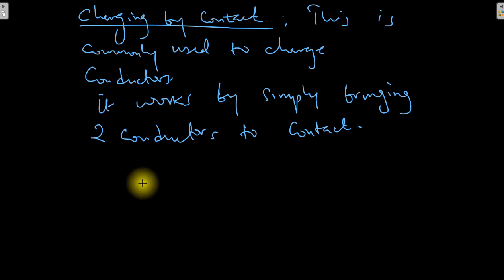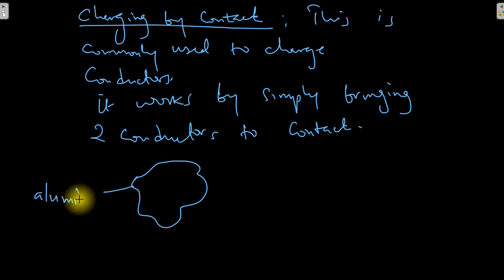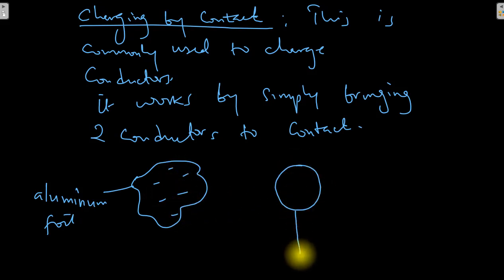Let's look at an example here. If I have a piece of aluminum, so let's say I have an aluminum foil previously charged with a negative charge. If I bring it towards a neutral sphere, this sphere should be put on an insulating stand.